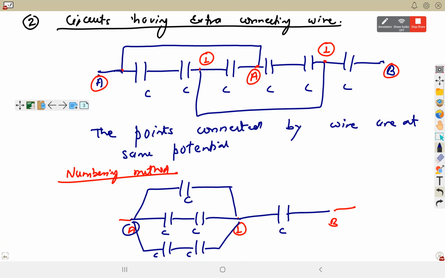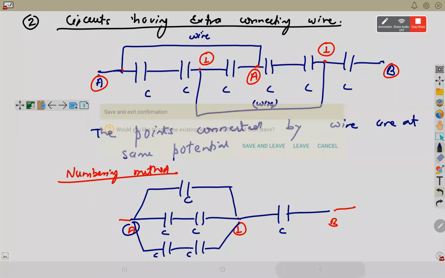Understood this method? Can you explain this again? Once more. For the two points connected together by wire, there should not be any capacitor in this wire, and they are always at the same potential.